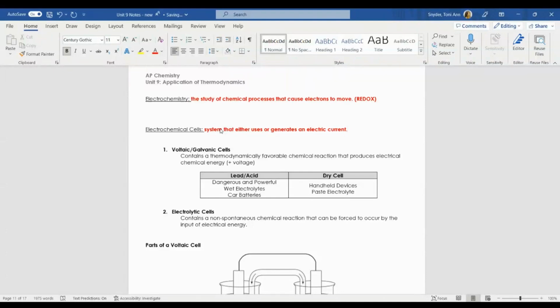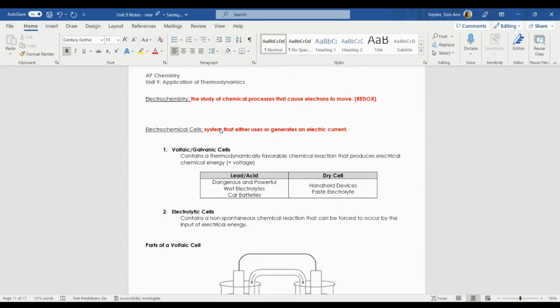Or we have reactions that are not thermodynamically favorable, and we can force them to occur by applying electricity to a system. And we can name both of those two types. So whether we have a cell that either uses or generates electricity, it's going to be one of two types, and we can see those down here.